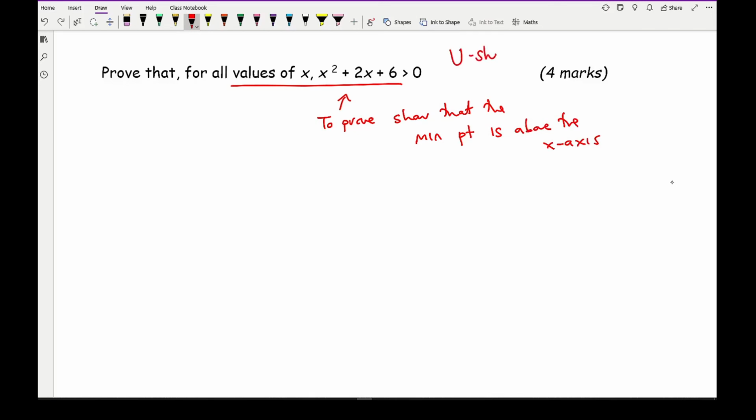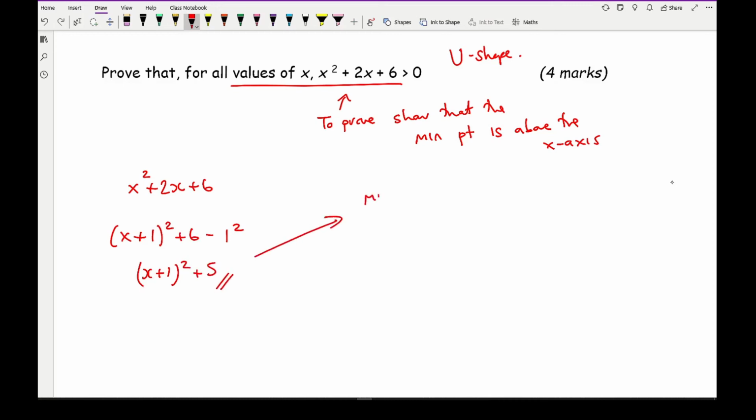So what we're going to do is use completing the square. I've got x squared plus 2x plus 6, and using completing the square, I end up with (x plus 1) squared plus 5. Now, my minimum point for this is going to be at minus 1, 5.